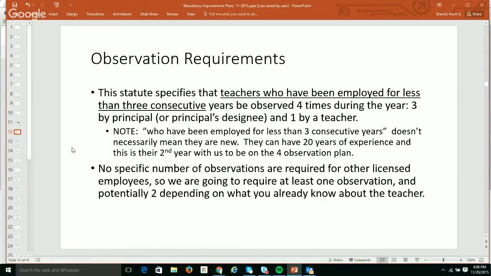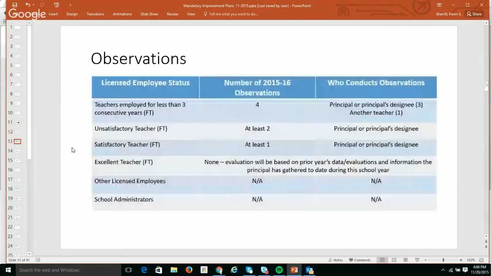So we've created our own observation requirements, and generally you're going to see at least 1 observation, potentially 2, depending on what you know about the teacher. So here's your observation chart. You'll see that we listed the various licensed employee statuses along the left-hand side, because there's various kinds of licensed employees in your building.